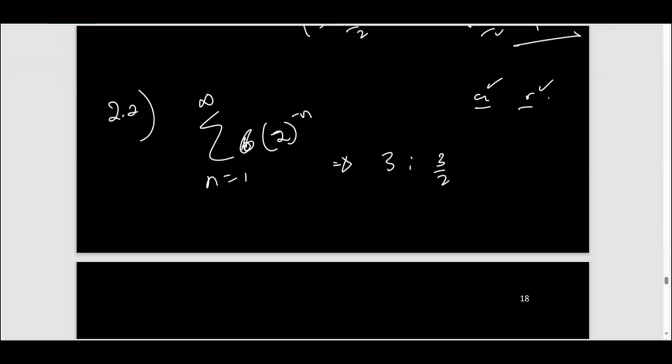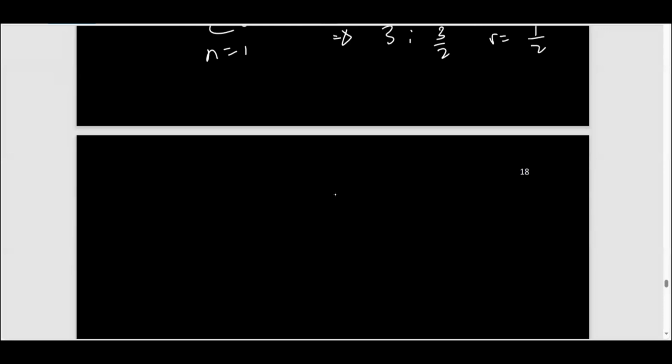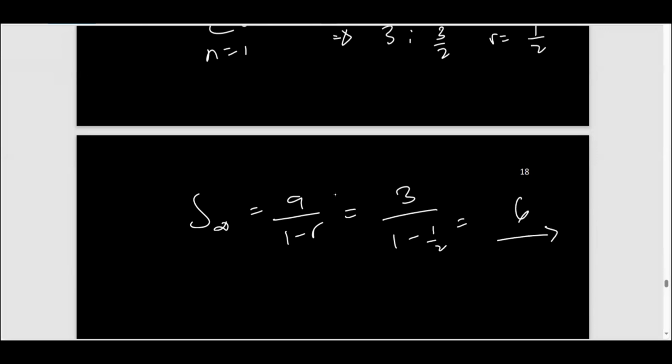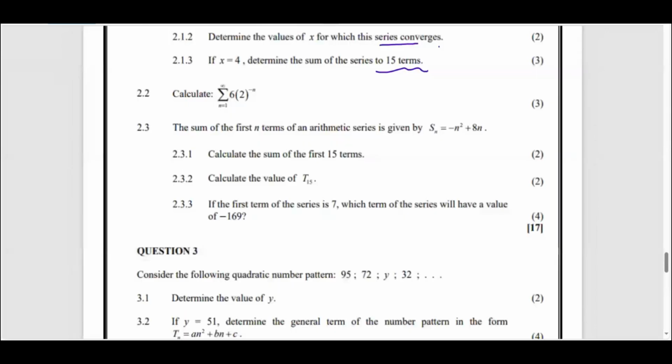So my common ratio is going to be 3 over 2 divided by 3. So it means my common ratio is a half. I hope what I'm saying makes sense. Yes, it's a half. Then I'll just go down and say sum to infinity is a over 1 minus r. So 3 over 1 minus a half, which is going to be just 6. So that's the sum to infinity.